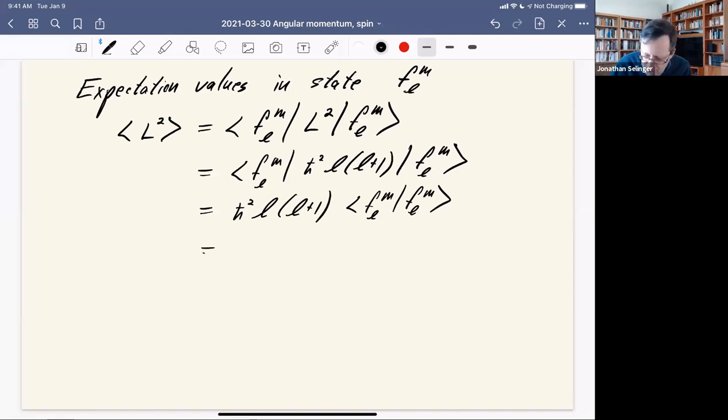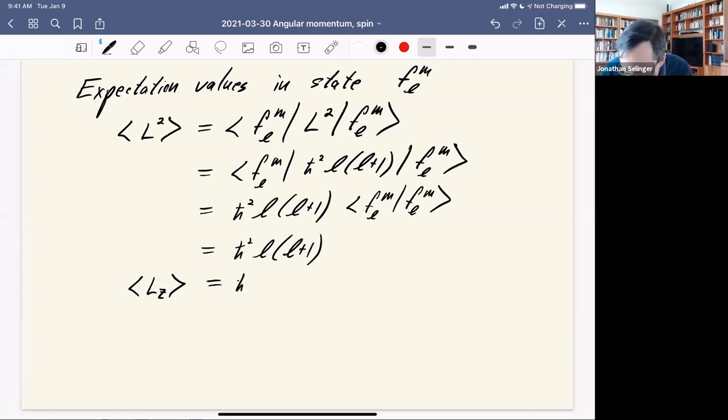All right, so this is just h bar squared L times L plus 1. So that's an expectation value of L squared. The same thing for the expectation value of LZ.